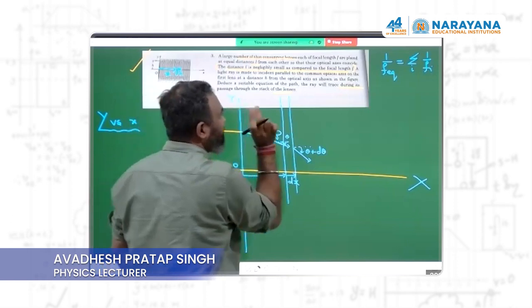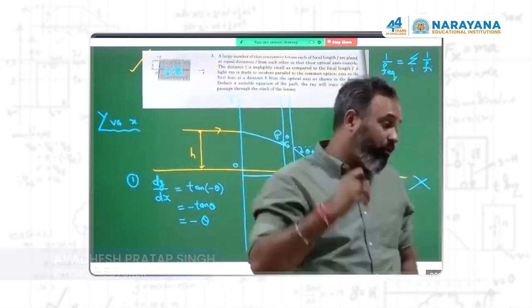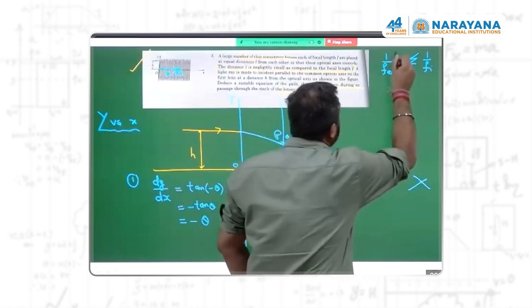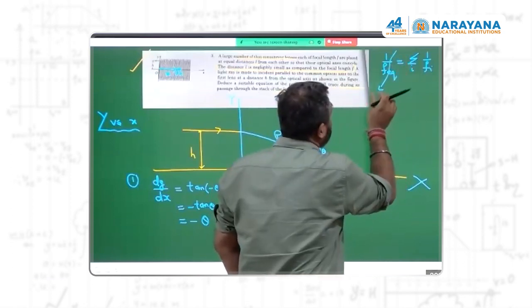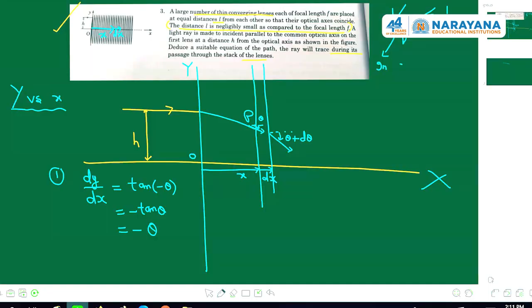So I am analyzing that section dx, and let me find the equivalent focal length of the net lens in the thickness dx. Whatever be the number of lenses in dx, I want to replace them by a single lens and find its equivalent focal length.